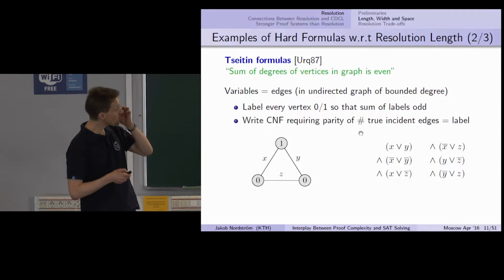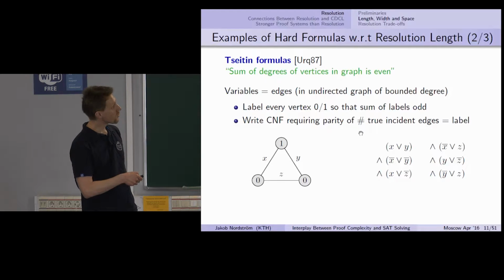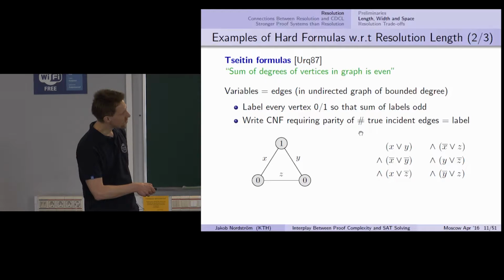And now we write down small CNF formulas requiring for every vertex that the parity of the number of true edges is equal to the label. So around this vertex, we want to see one of x and y true and one false. These are these two clauses. Whereas around this vertex, we want to see y and z both being true or both being false. Those are these two clauses.